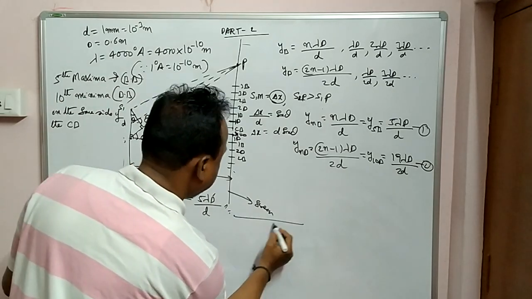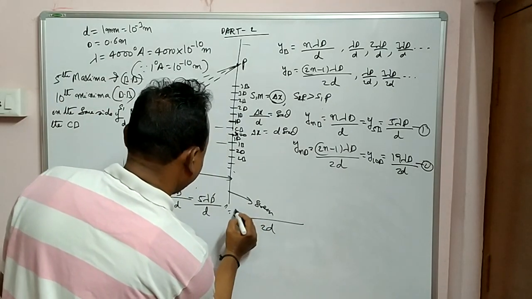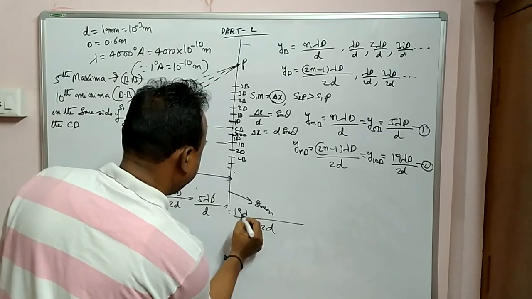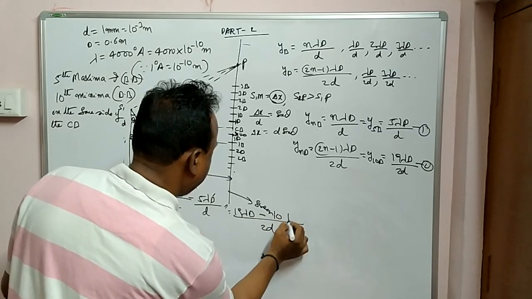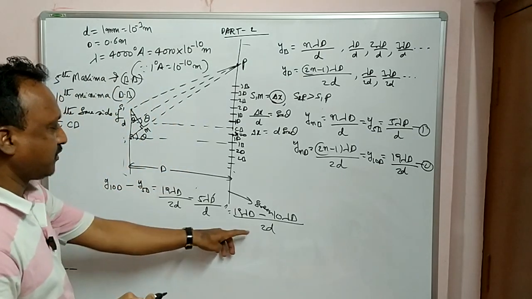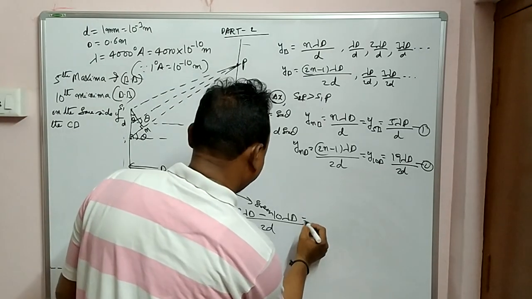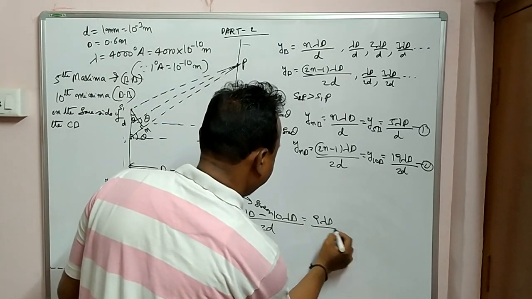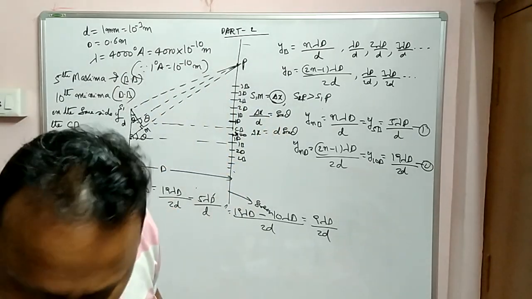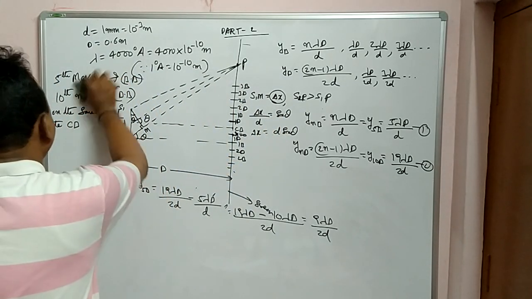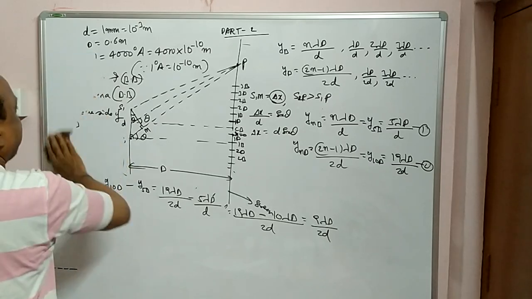The LCM is 2d, so on top we get 19 lambda D minus 10 lambda D, because d into 2 gives 10. What remains for us is 9 lambda D by 2d. So this is the distance between the 5th maximum and 10th minimum on the same side.